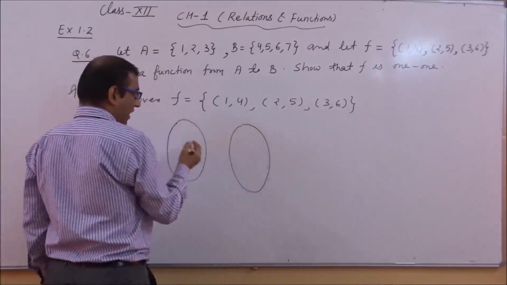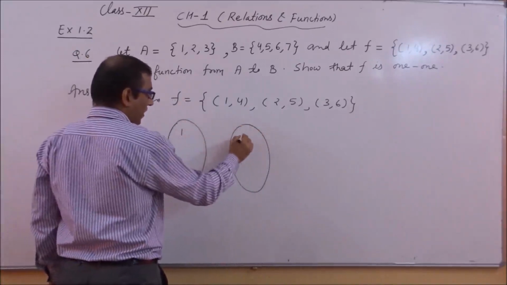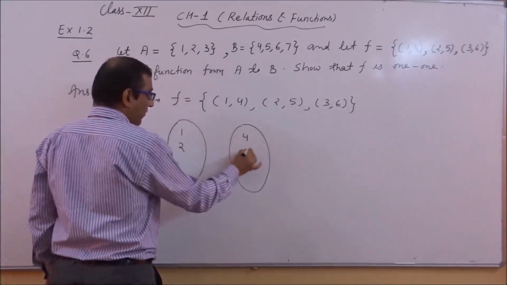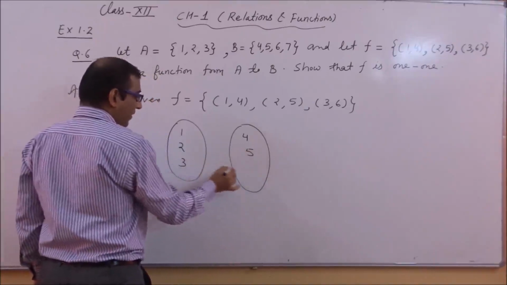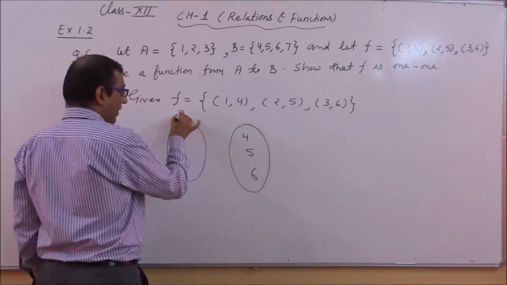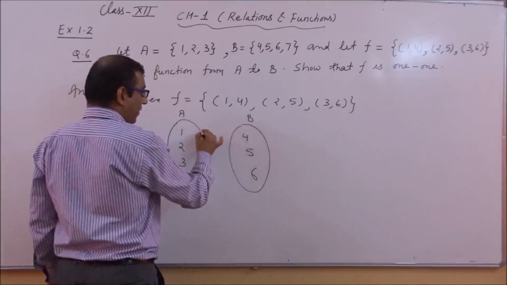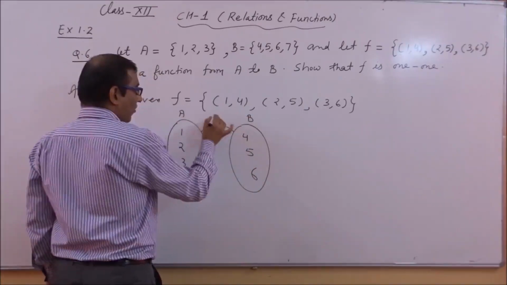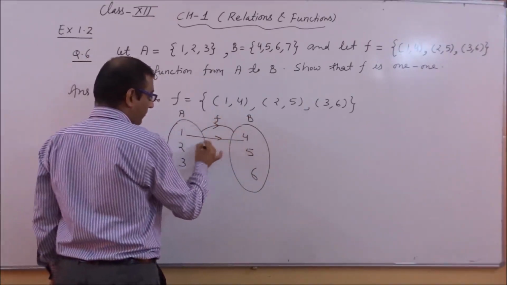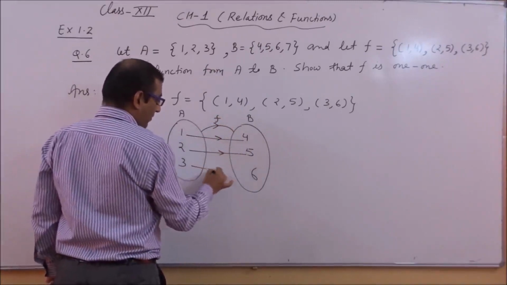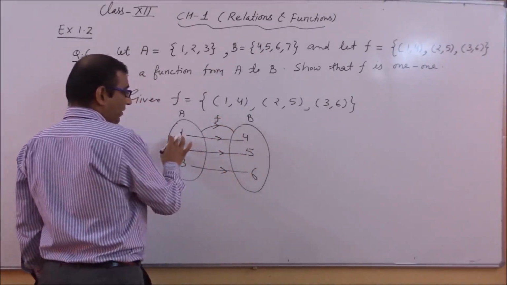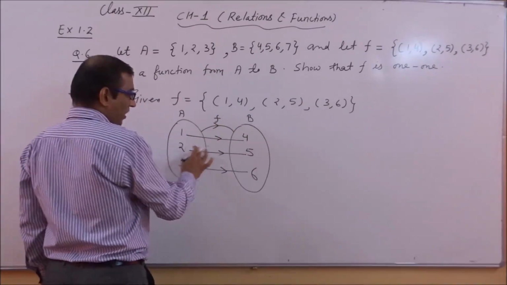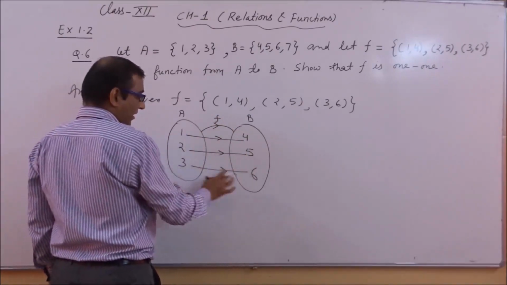It is also known as an arrow diagram. So 1 is related with 4, 2 is related with 5 and 3 is related with 6. This is our set A, this is our set B. With the help of this diagram, it is very clear that 1 is related with 4, 2 is related with 5 and 3 is related with 6.